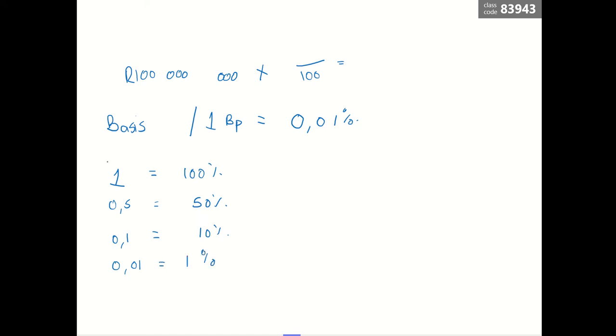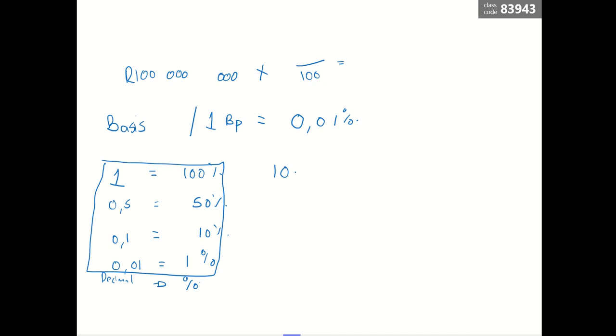So that's how you can change between a decimal to a percentage. Now basis points are something similar.